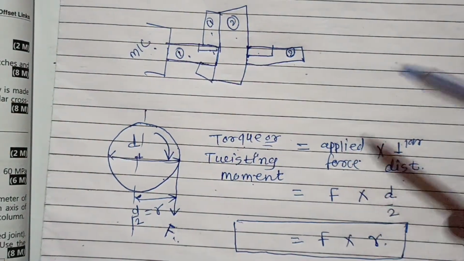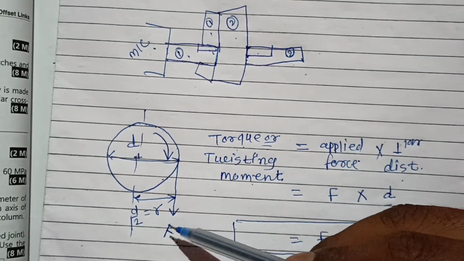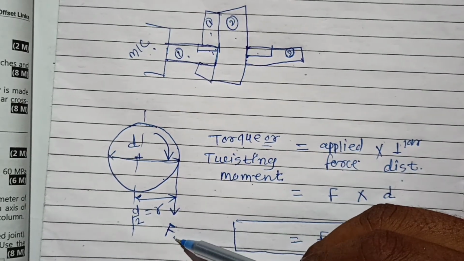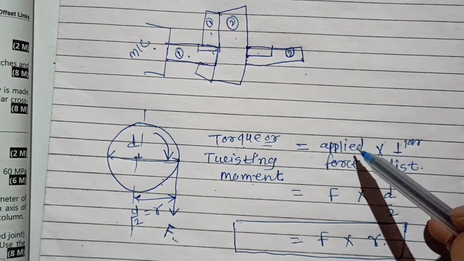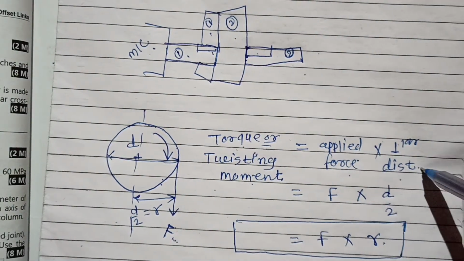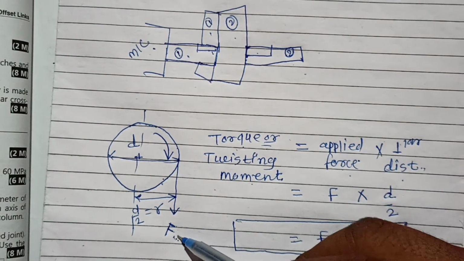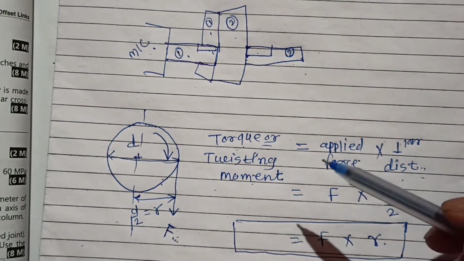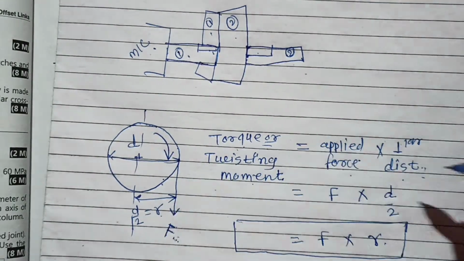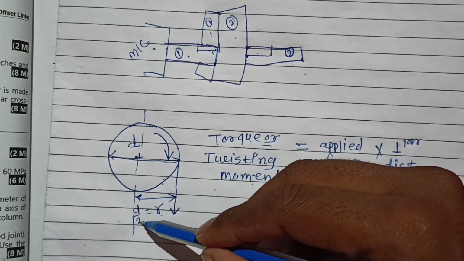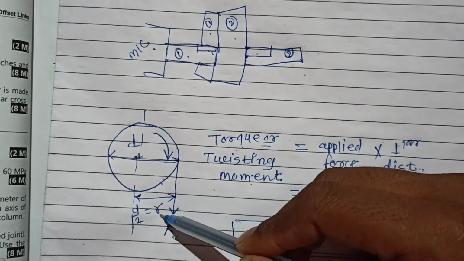I want to calculate the torque or twisting moment created on this shaft. The formula of torque or twisting moment equals applied force into perpendicular distance. The applied force is F. The perpendicular distance I take from this F to the vertical axis, which is d by 2, half of the diameter, which is nothing but the radius.